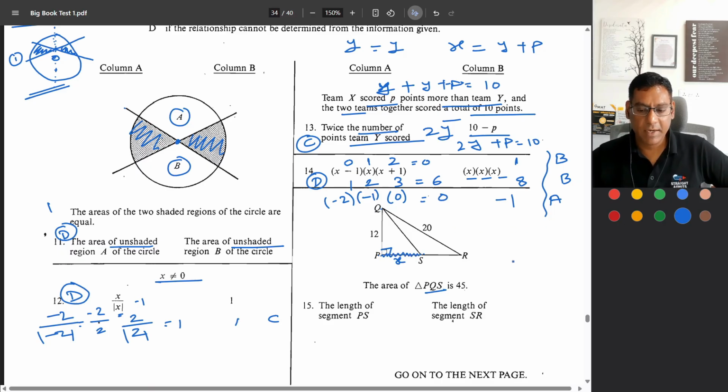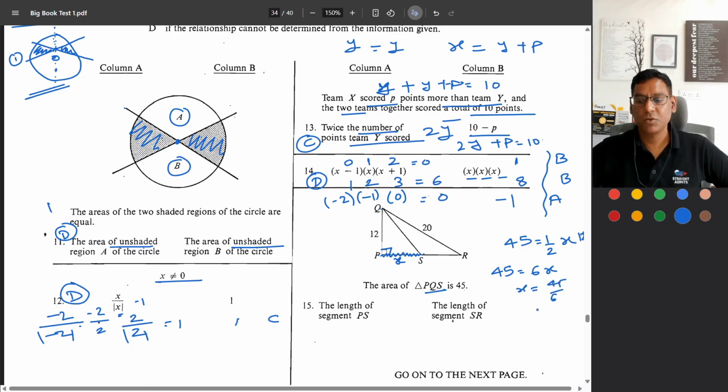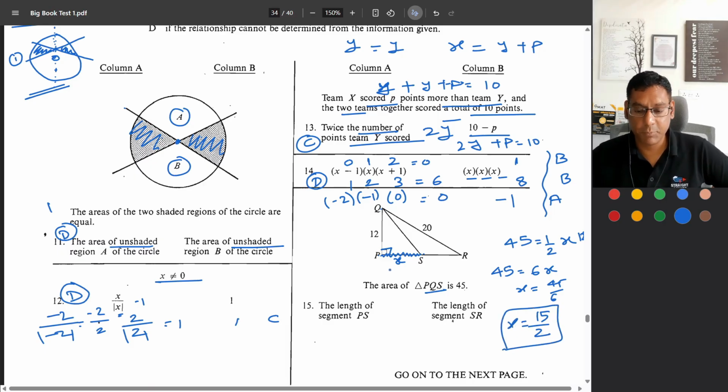Area is 45, so 45 is half into X into height, that is 12. So 45 is equal to 6 times X. So X is 45 by 6, that's going to be 15 by 2, 7.5.